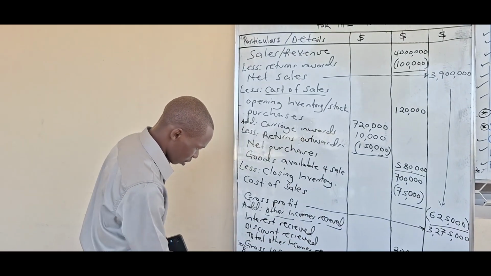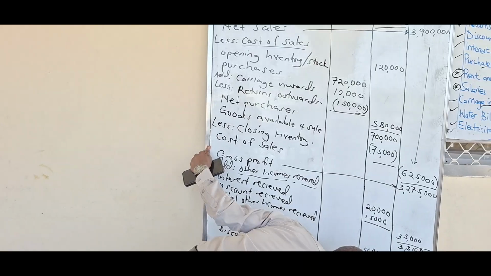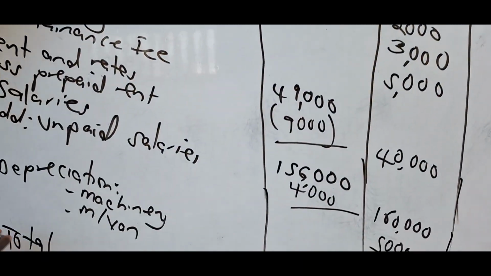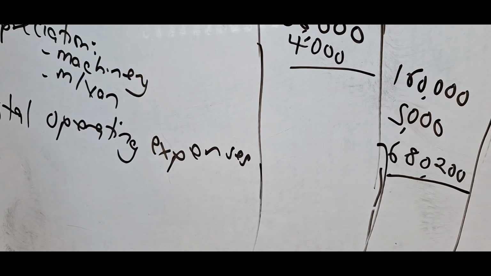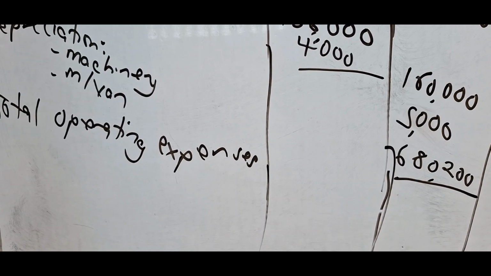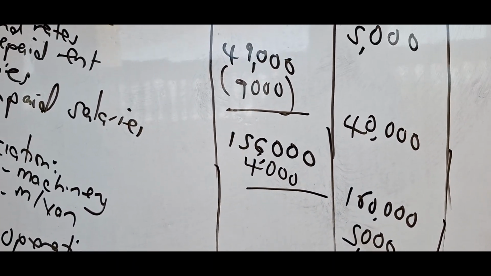Having done this, your operating expense, now we can get total operating expense. Yes, after that, you can now add. We have already recorded all our operating expenses. So you can add right from here, 30,000, 8,000, 2,000.